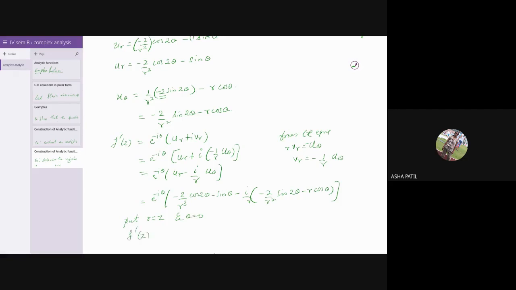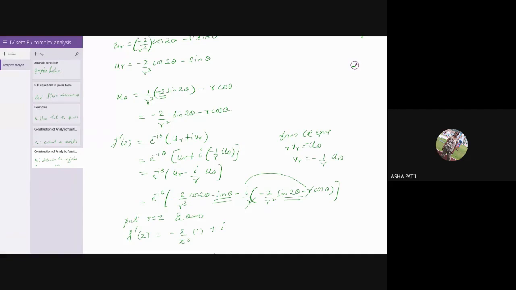So that f dash z is e raised to 0, it is 1, minus 2 by z cube, cos 0, it is 1, sin 0 term becomes 0. Then again here you have sin 0, it becomes 0. Now if you multiply these two terms, minus of minus is plus i, and your r cancels off, or we can say that z cancels.